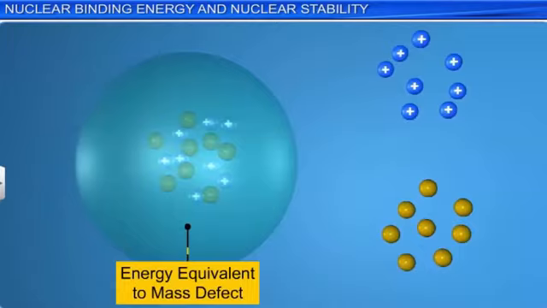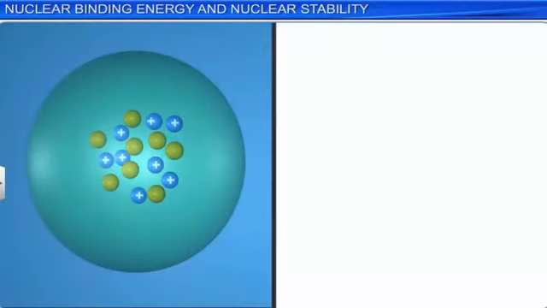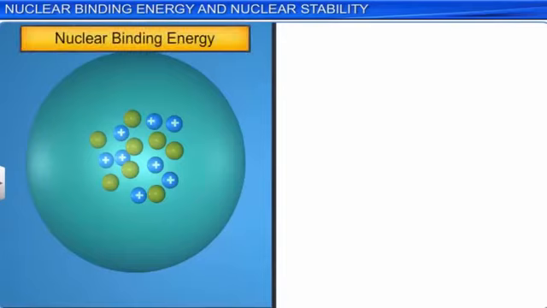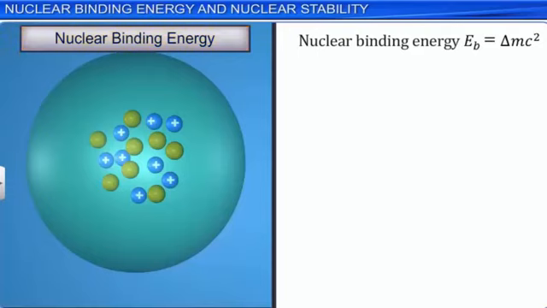The energy equivalent to the mass defect is obtained by Einstein's mass-energy relation. This energy is called the binding energy and is denoted by EB equals delta M × c², if delta M is taken in kilogram. If delta M is taken in million electron volt, then EB is equal to delta M × 931.5, as discussed earlier.